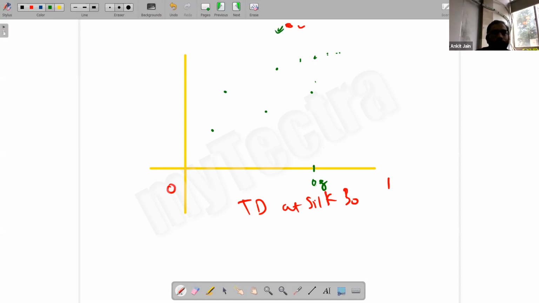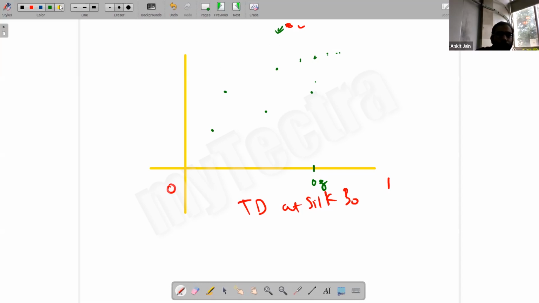So even if the density was 0.8, I came at 8:40, then it qualifies to be an outlier. I hope you are getting what I'm saying. Because in spite of having the same traffic density, I came at a very late time. I may have spent time drinking tea or something of that sort, or someone has stopped me and then I came late. Are you all getting the idea? So this qualifies to be an outlier in that case, right?